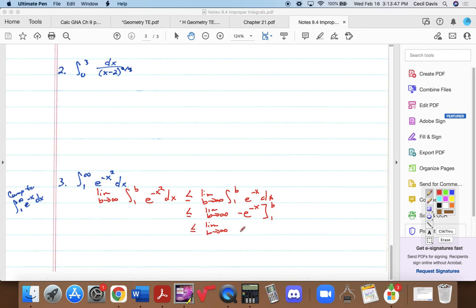So this is going to be negative 1 over e to the b minus negative 1 over e. So what I can say on this one is that the integral converges, but we don't know its value.